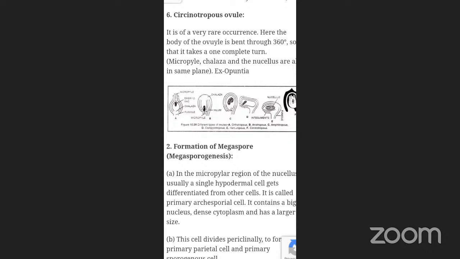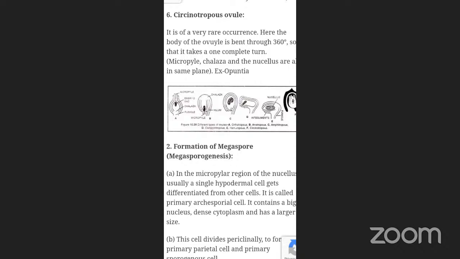So next one is the arillode. Here, Hegel in 1957 recorded the presence of arillode in the Sapindaceae family, which is an outgrowth arising from the tip of the outer integument, grows downwards and covers the seed either completely or in part.